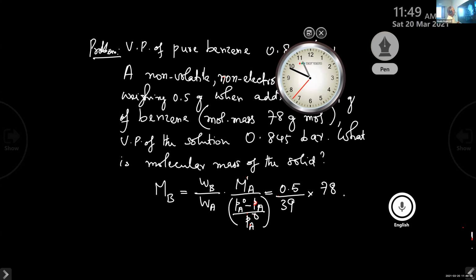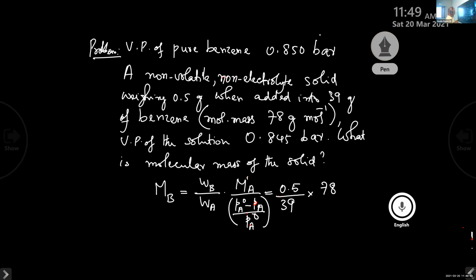By PA0 minus PA. What is PA0? It is the vapor pressure of the pure solvent. What is the value? 0.850 minus PA, the vapor pressure of the solution, 0.845.